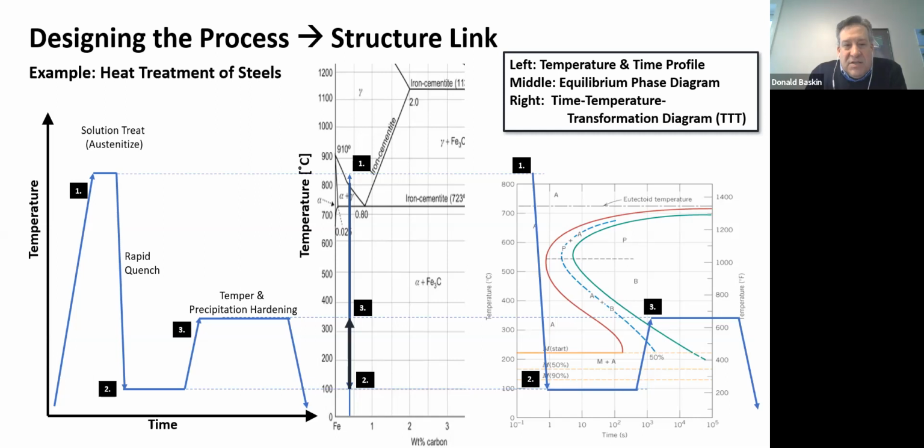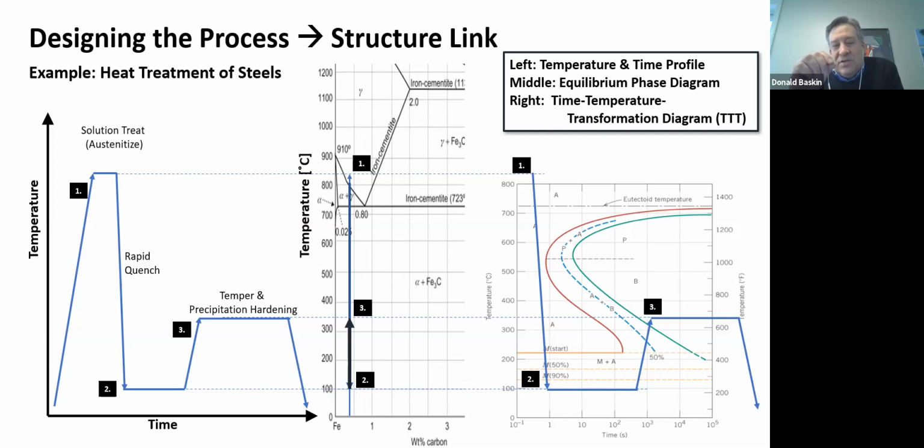It'll form what's called austenite. It's called a solution treat. You're forming a solid solution. It has a face center cubic structure, and that is stable at high temperature.